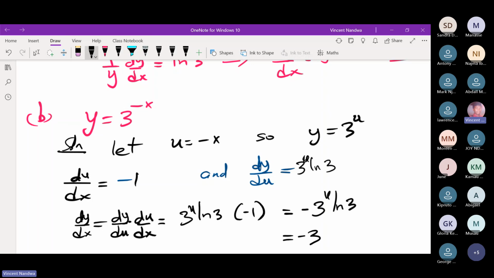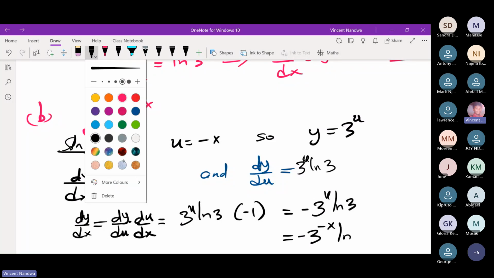But you don't leave your answer in terms of u, you replace it with its equivalent expression in terms of x. So the answer will be minus 3 raised power minus x ln of 3.